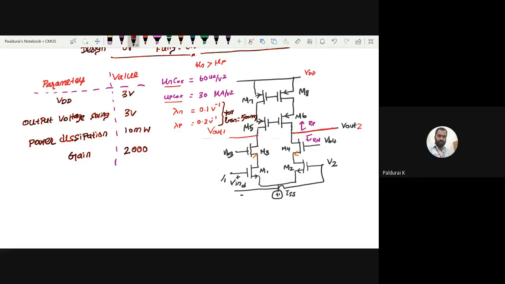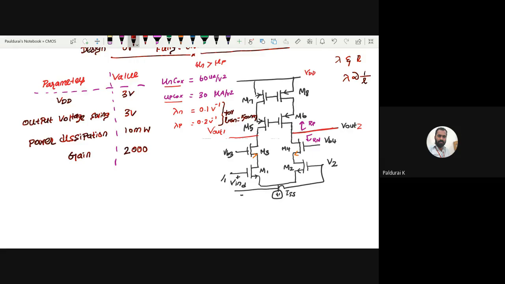From channel length modulation, can anyone let me know the relation between lambda and length? Very simple: directly proportional or inversely proportional? As length decreases, what happens to channel length modulation? It keeps increasing. So both are inversely proportional to each other. Simply, you can write lambda, some constant may come, but I write it as inversely proportional: 1 by lambda. Both are inversely proportional to each other.